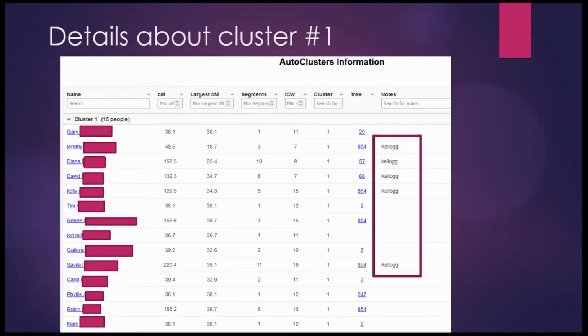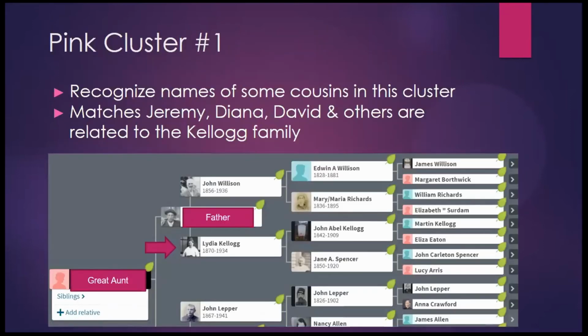If you recall, I had made notes for Jeremy, Diane, David, Kelly, and Sevilla, and I had put in that they were Kelloggs. That is a name from my family tree, so this pink cluster is already looking like it's probably a Kellogg cluster.